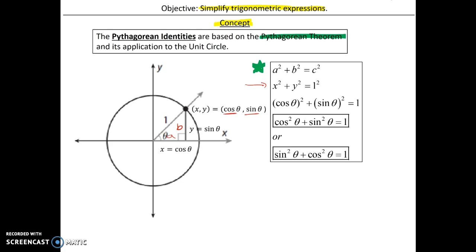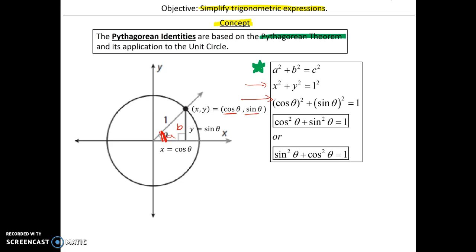So with direct substitution, we have cosine of theta squared plus sine of theta squared equal to 1. Cosine theta squared is cosine squared theta, and sine theta squared is sine squared theta.